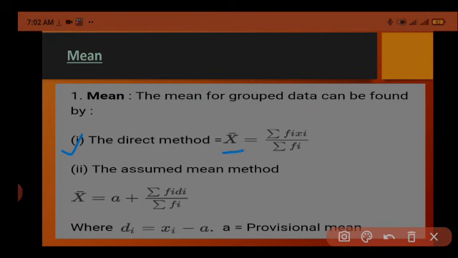So sigma fixi upon sigma fi is the first formula. Second, the assumed mean method. In this method, we are assuming A as the mean. Then sigma fi di upon sigma fi. And what is di? di is xi minus a. Okay, and a is the provisional mean. Provisional means assumed mean. That is why its name is assumed mean method.